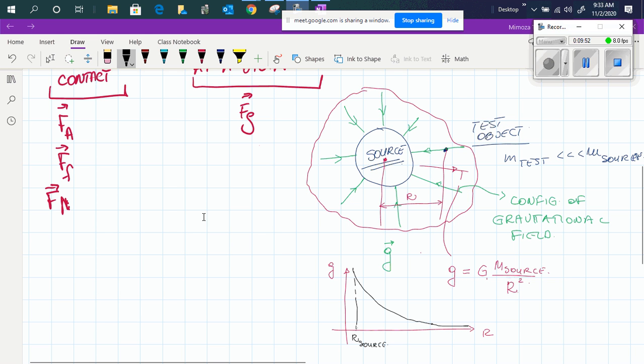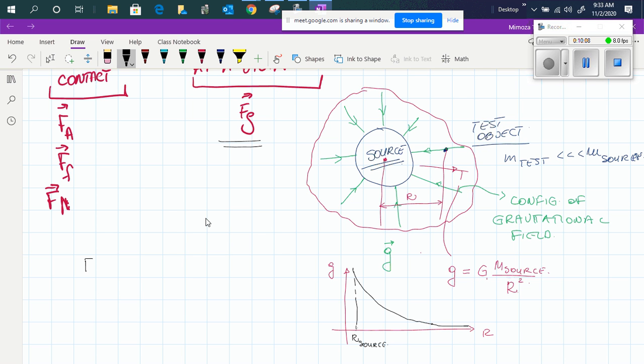Now, force of gravity, on the other hand, is the interaction or the force interaction between the source and the other object, maybe a test object or maybe another object.